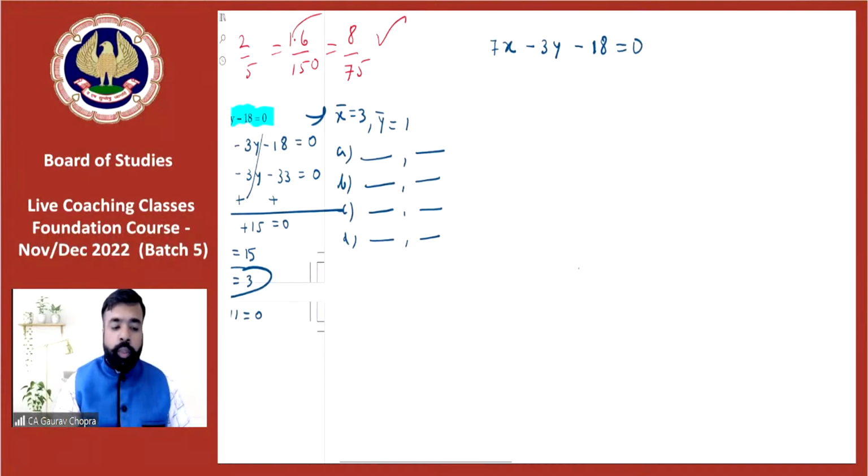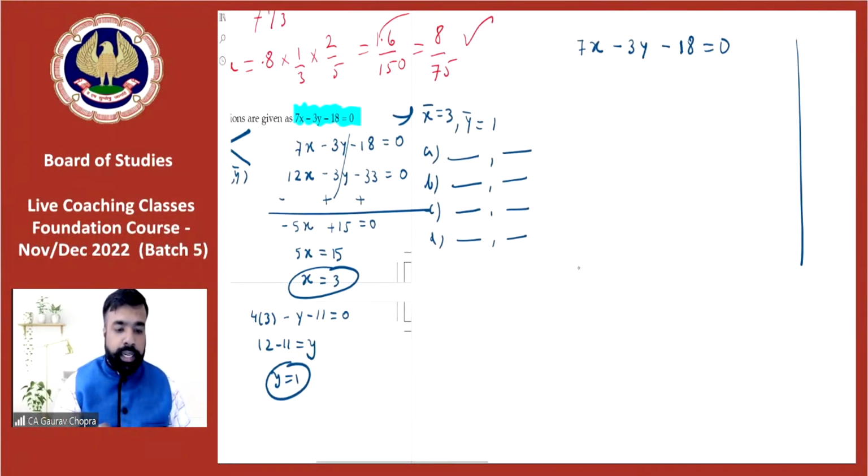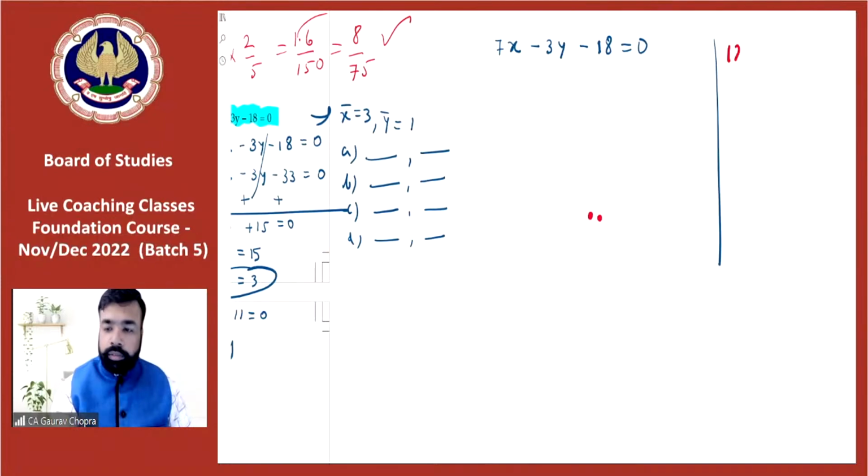This is the first equation, and on the other side we will write the second one. 12x minus 3y minus 33 is equal to 0.